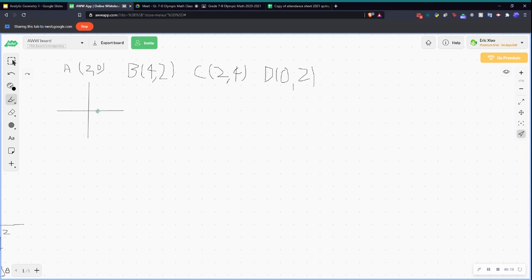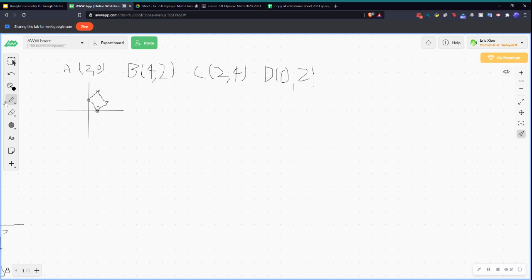Your (4, 2) would be around here. And then you have (2, 4), around here. And you also have (0, 2), which is around here. And so now you can see how these points form a square. If you connect the dots, they will look like this. And so you have one right angle right here. These would also be right angles.